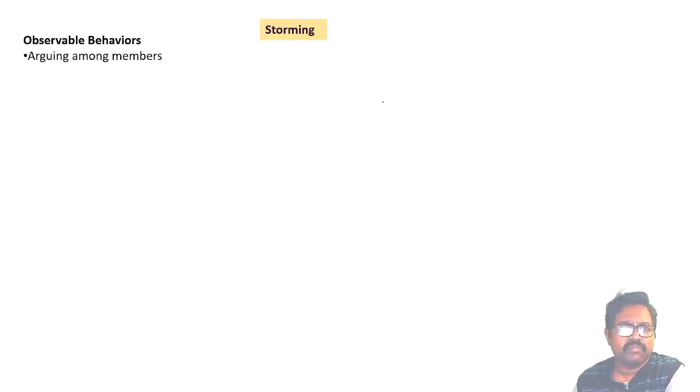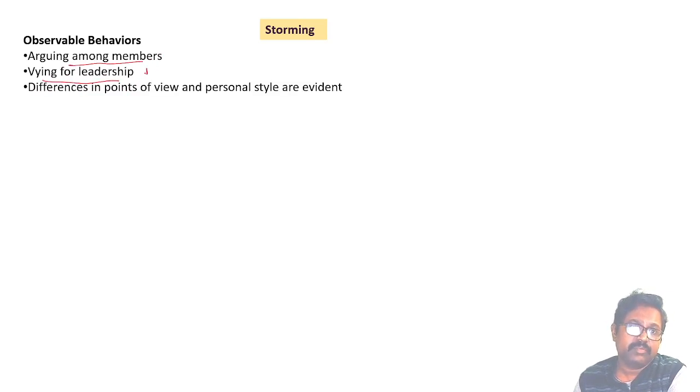So what are the observable behaviors in the storming stage? There will be arguing among the members within the group. There will be vying for leadership, so they try to dominate each other, and there will be differences in points of view as well as personal style. There will be differences with respect to their opinions and suggestions in achieving the goal, and there will be a lack of role clarity.